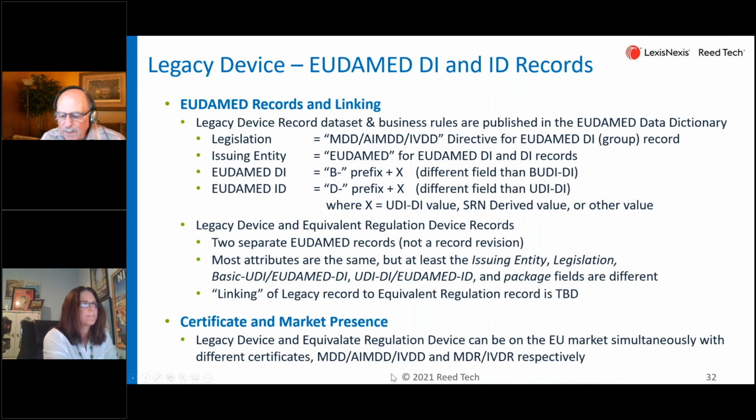And then a quick comment about the certificate and market presence. You can have a legacy device that is marketed and placed on the market under the directive certificate simultaneously with the equivalent regulation device that is now out on the market under the MDR certificate. So they can both appear on the market now, again, for a period of time we're talking about, but you can no longer go forward all the time with that.